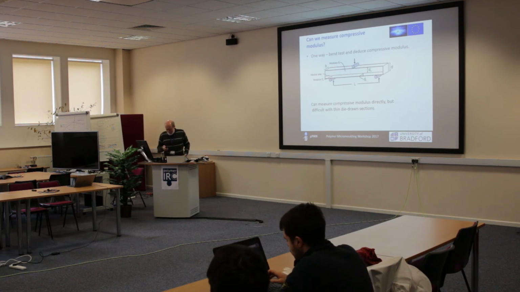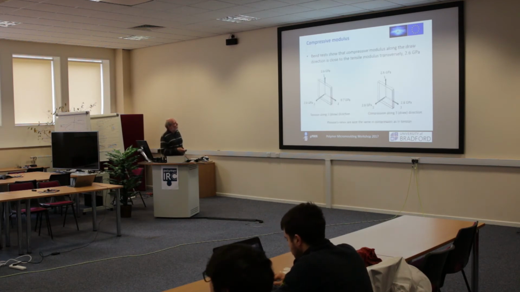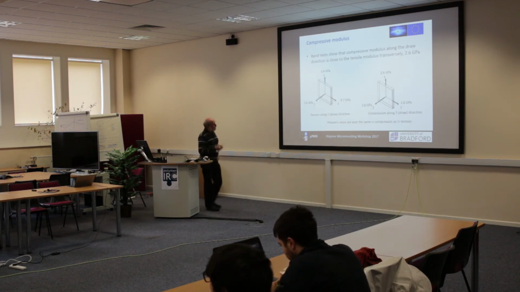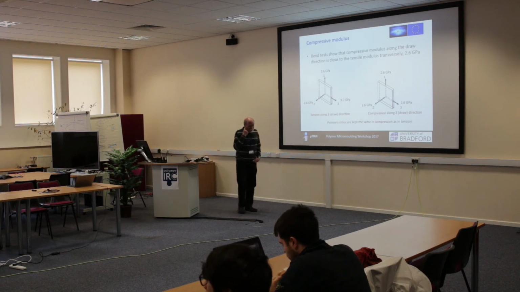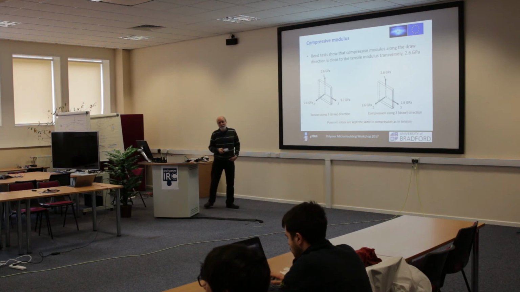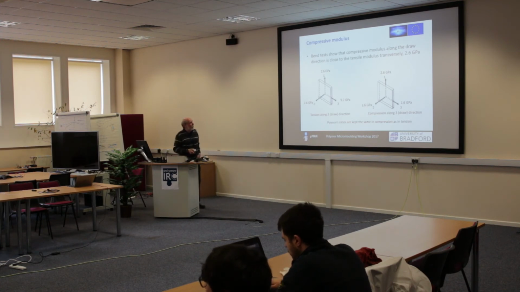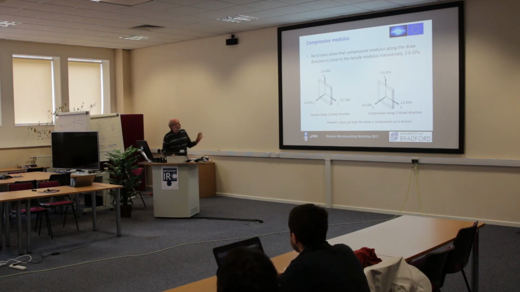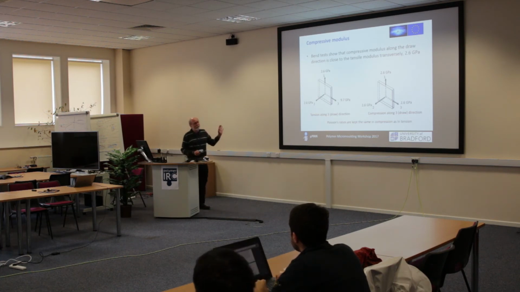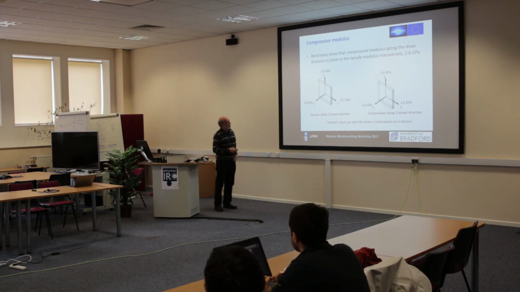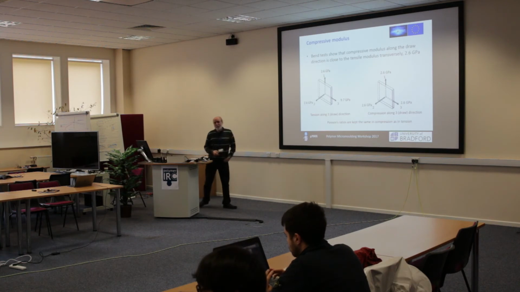But we can derive values in compression. When we do that, we find that the value in compression is very similar to the value across in the transverse direction. So basically, from the point of view of the modulus, it changed it to an isotropic material.